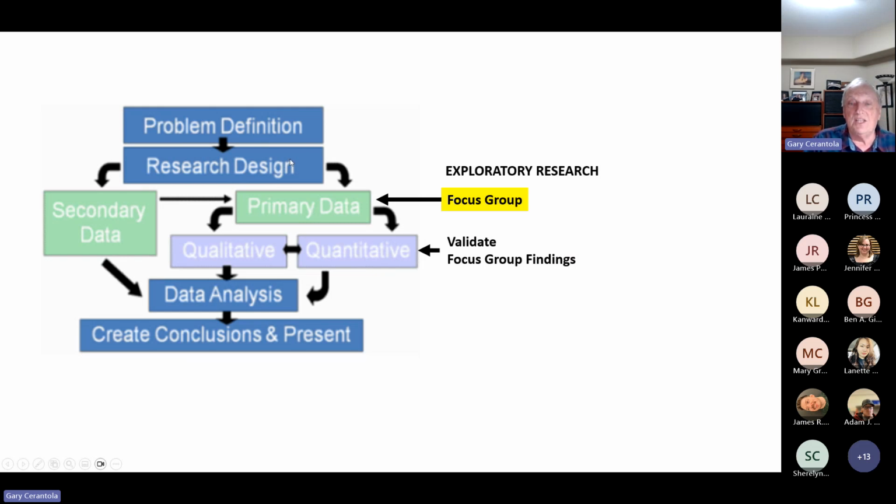And you should understand that sometimes you can go out and find a lot of information that's been published by governments, by industry associations, by technical associations, consulting associations, on Google. That's all secondary data.